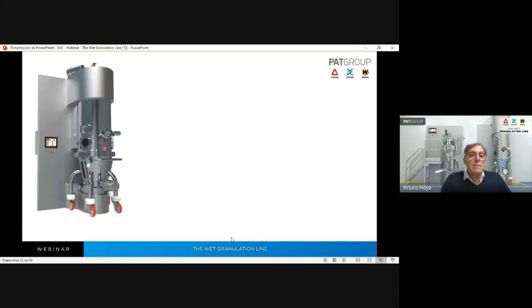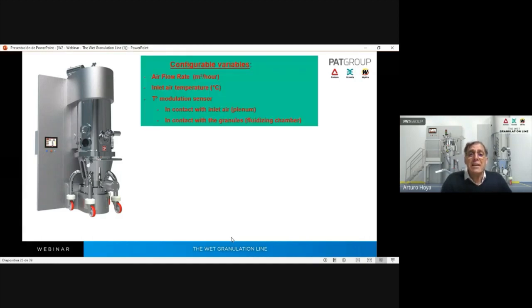Here is a typical fluid bed dryer. It is an industrial unit from the Pat Group. These are the configurable variables. You can configure air flow rate, inlet air temperature, and of course, the mode of modulation, with the sensor in contact with the inlet air to the plenum, or in contact with the granules fluidizing in the chamber.